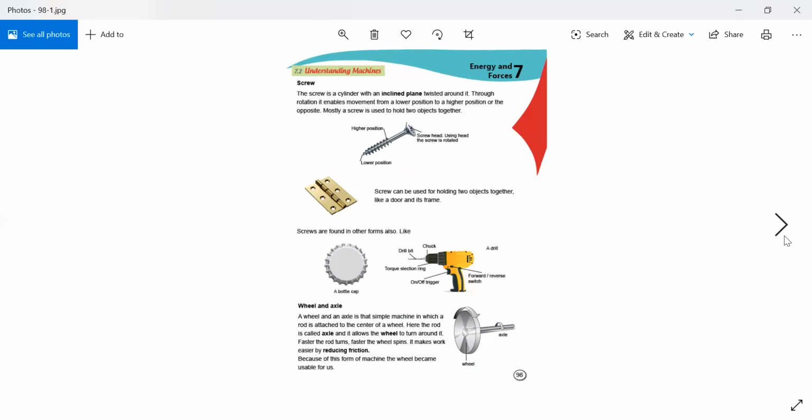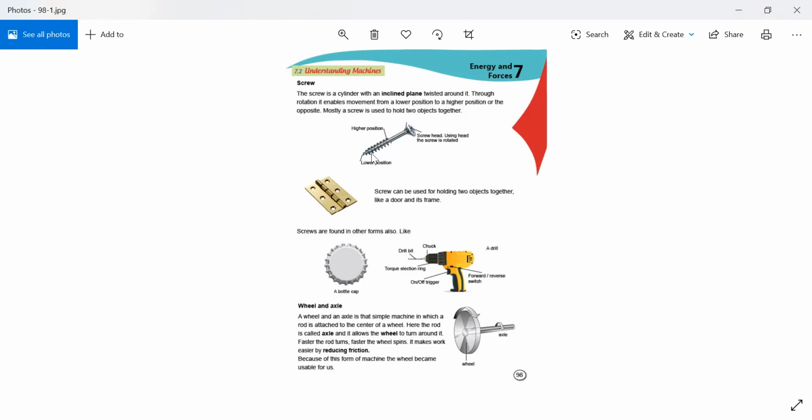What is a screw? A screw is made from metal. And this is the screw head. The upper one is the higher position and the lower one is what we call the lower position.